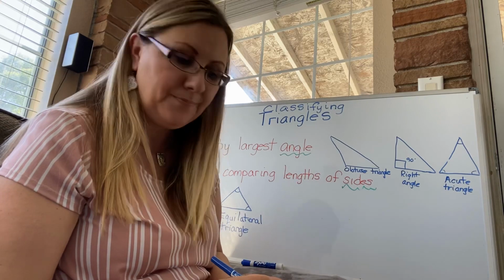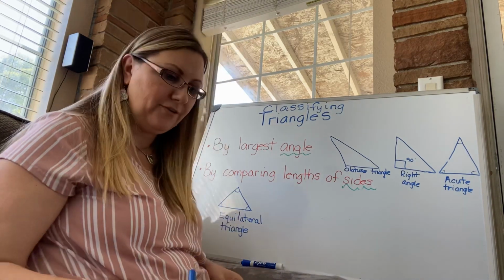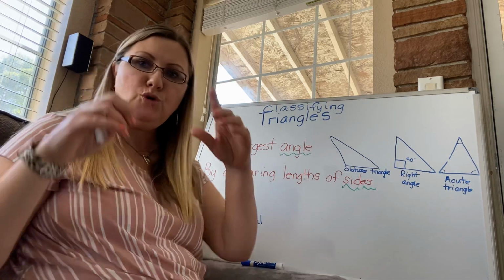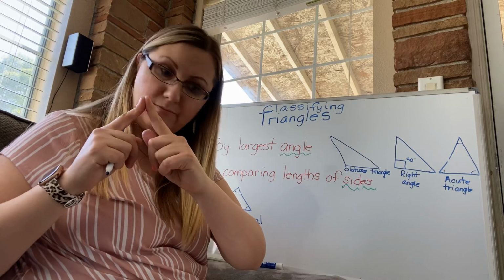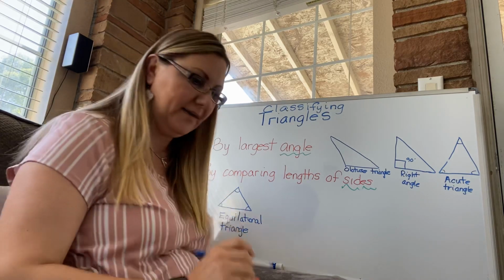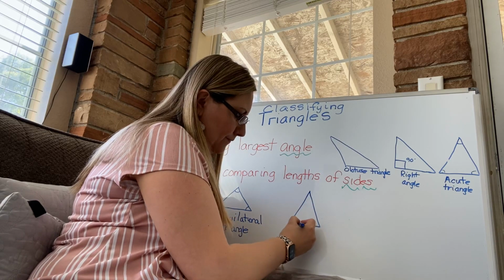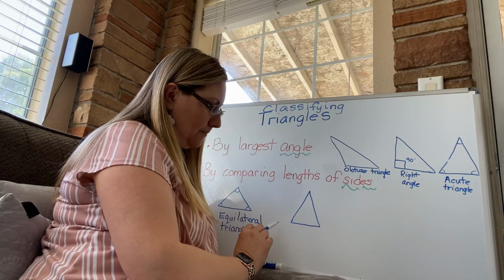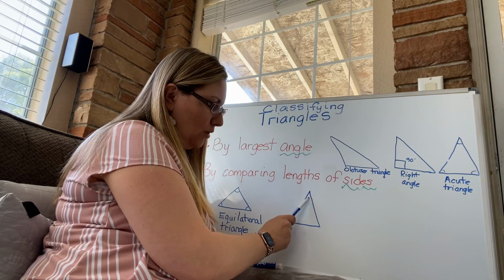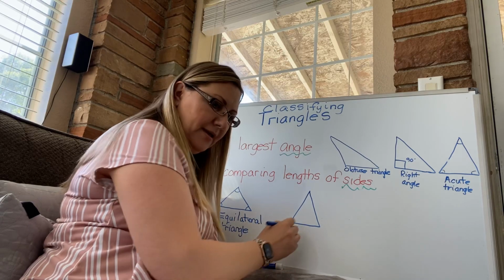Now there's another type of triangle called an isosceles triangle. This is where two of the sides are exactly the same length and one is not. So in our book, we see something that looks like this, where this is a smaller angle and these two angles are a little bit wider.